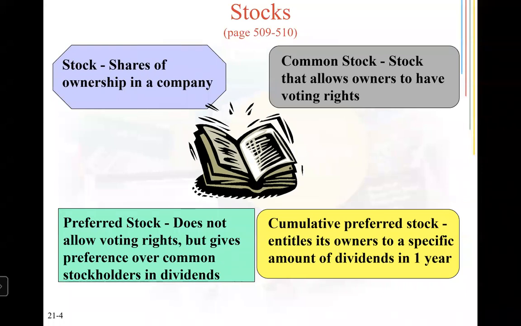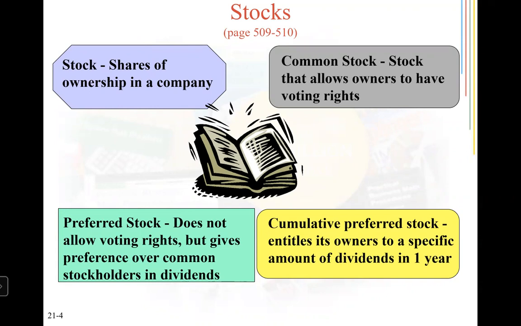At that annual general meeting, there is an opportunity to vote to select members for the board, and also to look at some of the policies of the organization. And if they want to make some changes, they will bring it to the shareholders to vote on. So the common shareholders meet at an AGM each year to exercise their right to vote on a number of positions and issues.